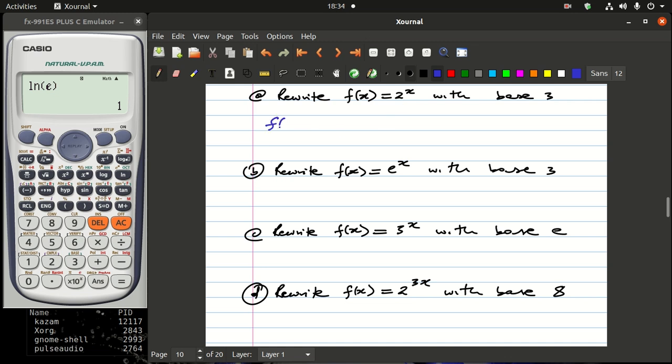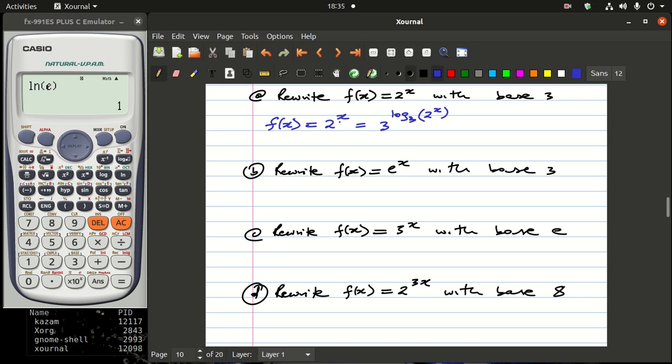So f of x, this is the solution here, is equal to 2 to the power x. And now this whole thing here is very simple. I wanted to write with the base 3. So I'm going to place this 3 here. I'm going to place a log base 3 so that this and that cancel out. And then I'm going to place these 2x there so that these two can cancel out.